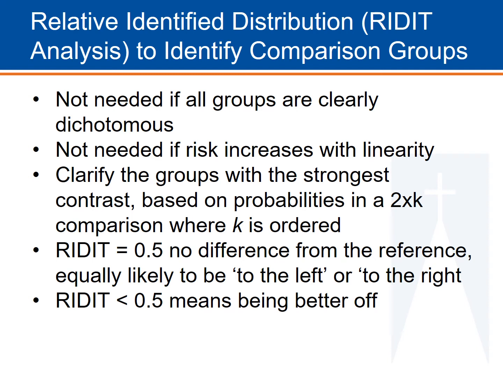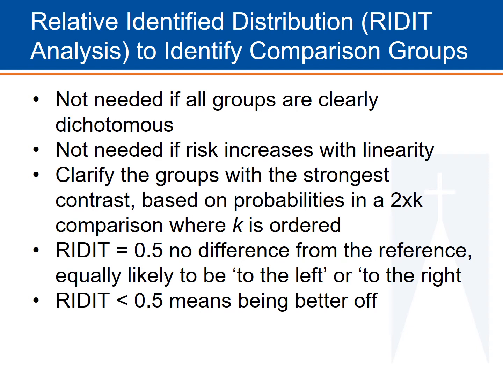RIDIT can help to clarify the groups with the strongest contrasts, and it does that based on probabilities, where you have a 2 by k table, and k is ordered from low to high in terms of a risk relationship.